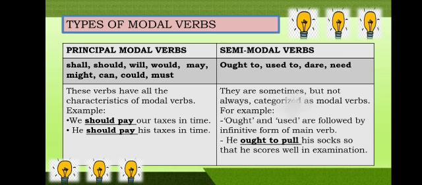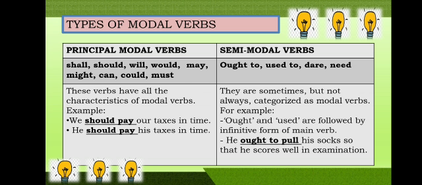Moving on to the second category, semi-modal verbs. This category consists of ought to, used to, dare, need. They are sometimes, but not always, categorized as modal verbs.